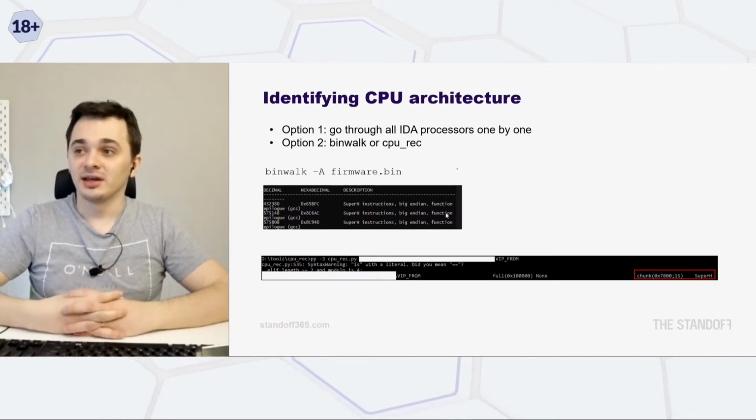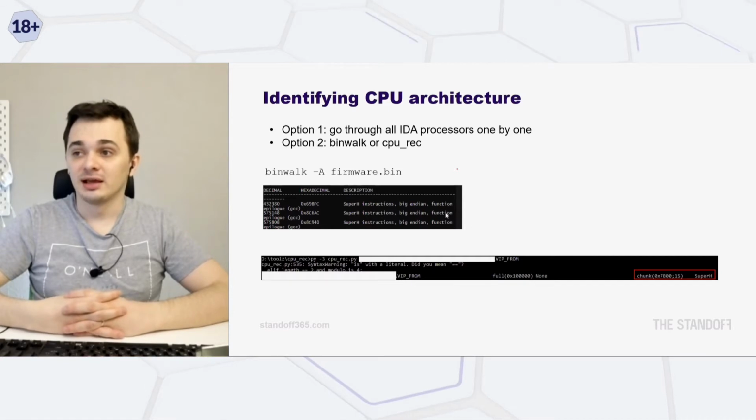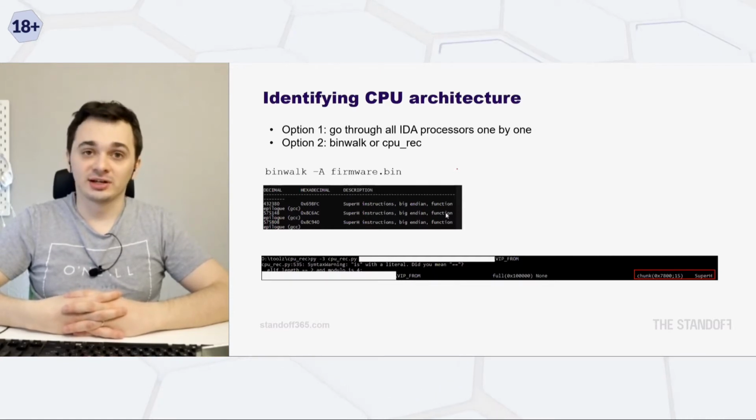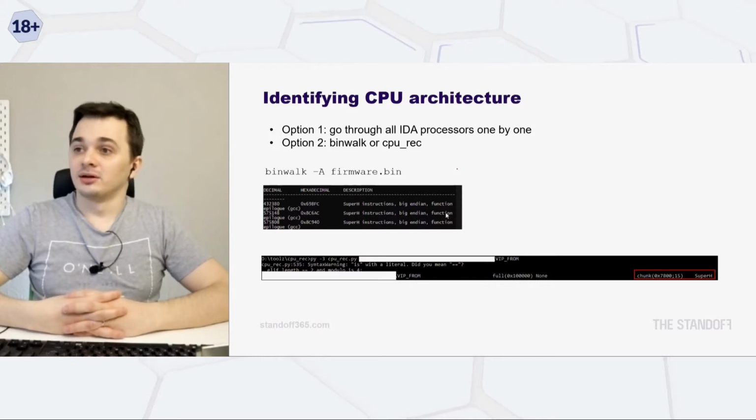So if we launch Binwalk with the -A flag, we will see that it does discover some CPU instructions for the Super H CPU family.